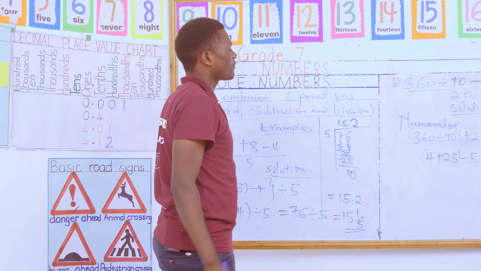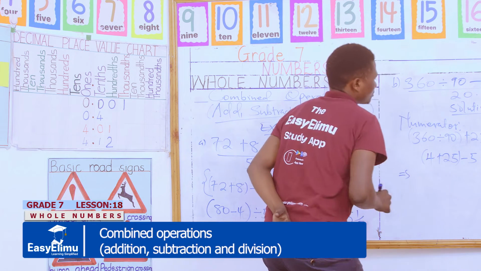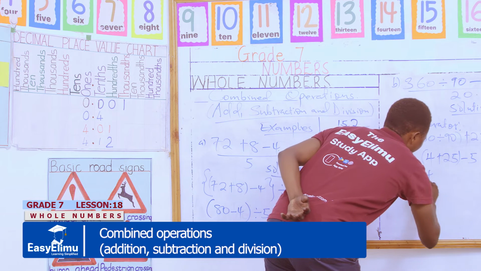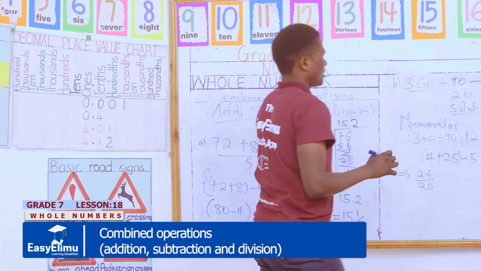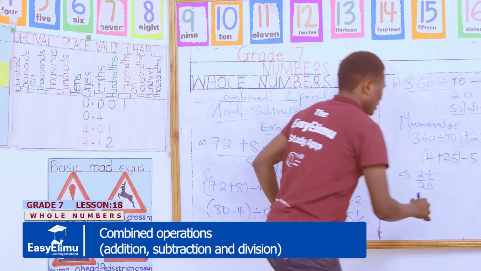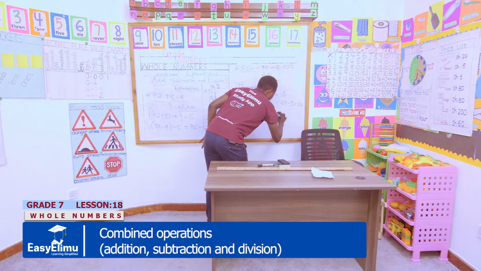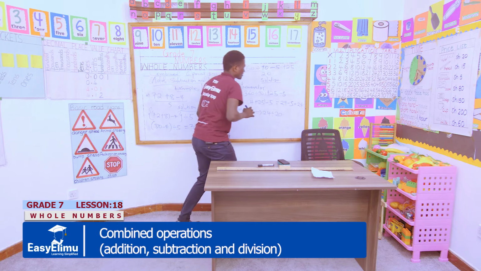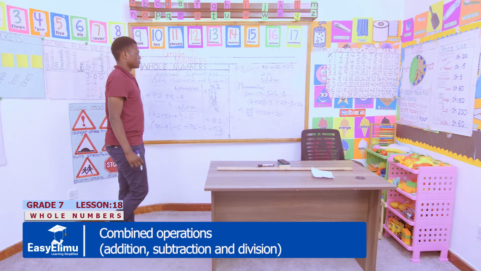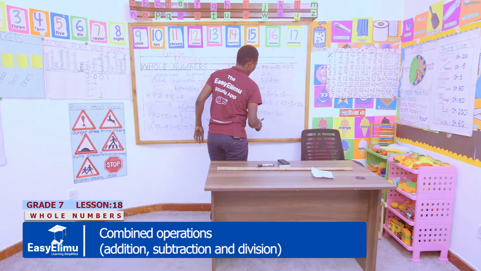So on the numerator, we have 24. Rewriting our question, we shall have 24 over 20, because this is what we got after solving the numerator. So this implies 24 divided by 20.